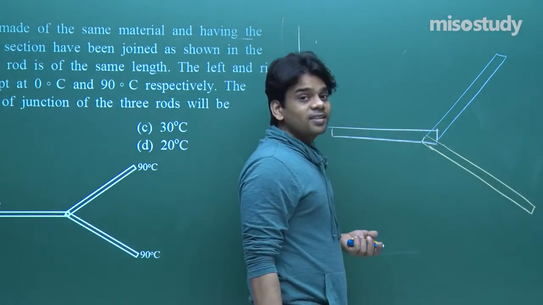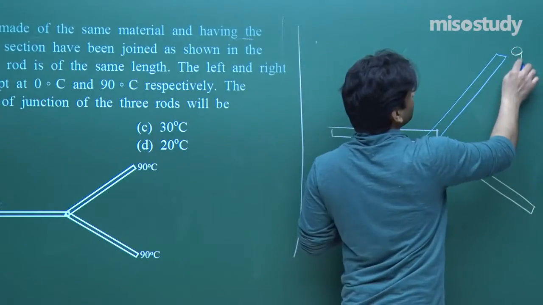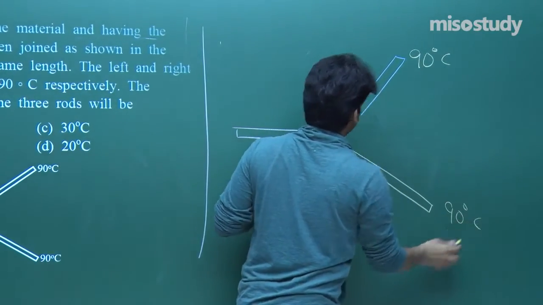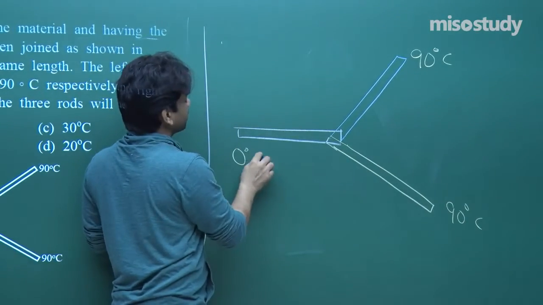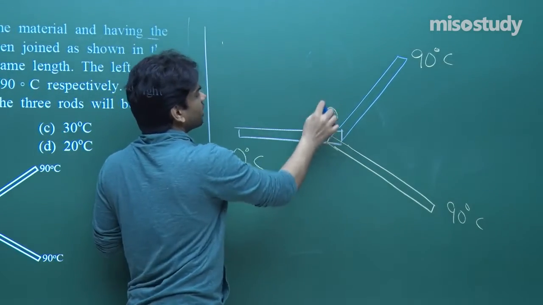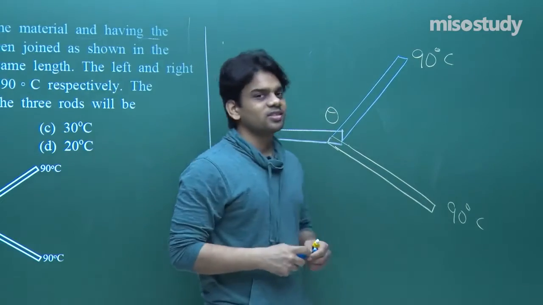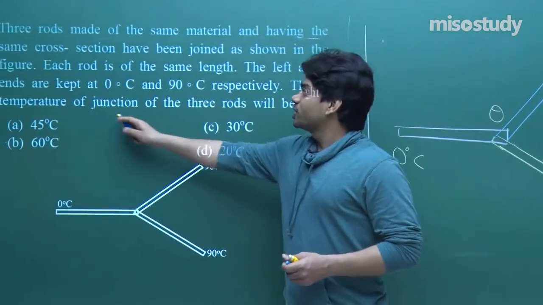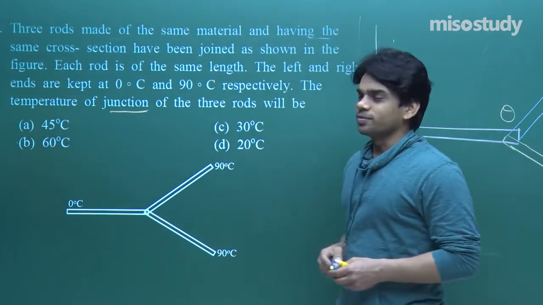Now it says that the temperature at this end is 90 degrees Celsius, and here we have 0 degrees Celsius. Let's say the junction temperature is theta. It's required to find the temperature of the junction of the 3 rods.